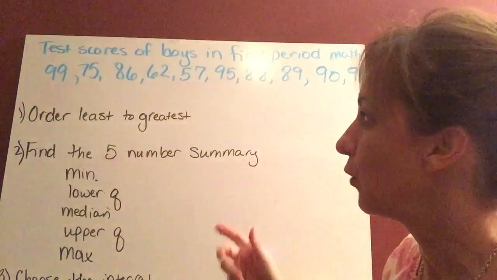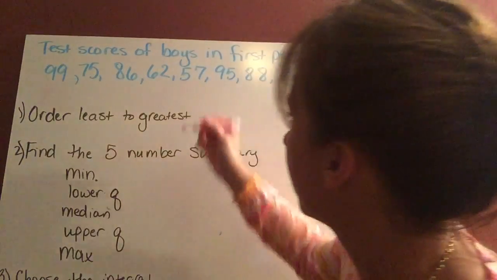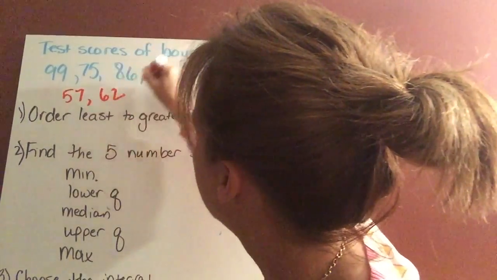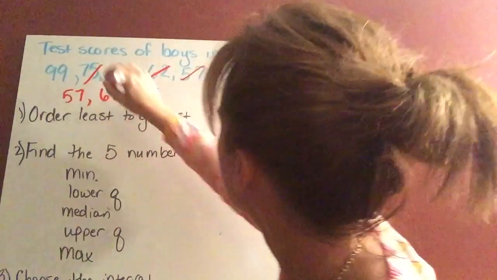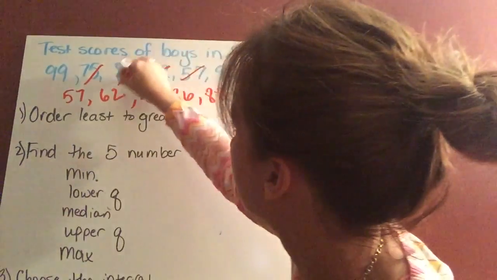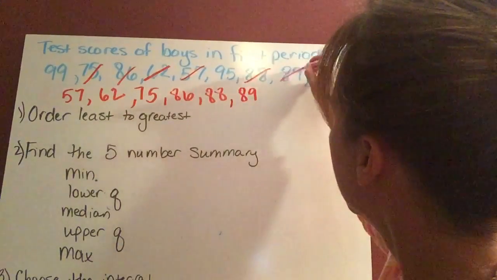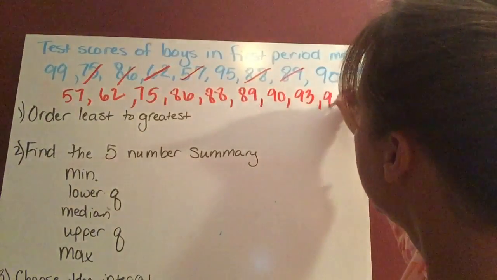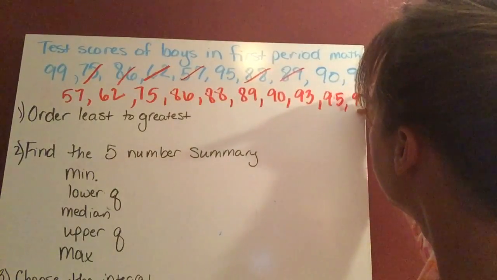All right, let's see how you did. Order least to greatest. I did that on the previous ones. I did not do it on this one. So we're going to do it together. 57, 62, 75, 86, 88, 89, 90, 93, 95, oops, and 99.